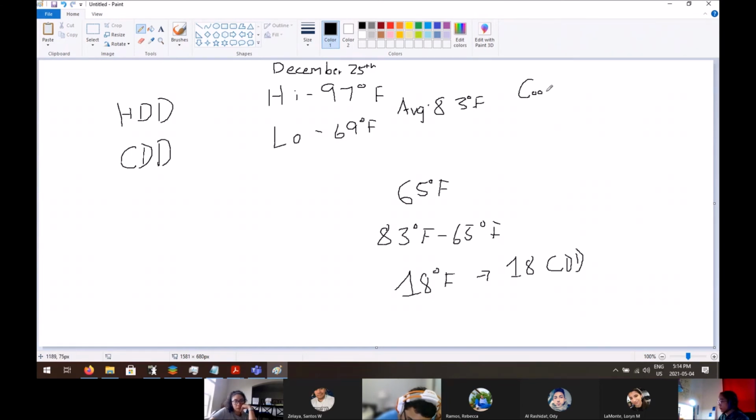What if the average temperature is below 65? We'll get into that in a bit. Cooling degree days. Let's look at this term real quick. Degree days.